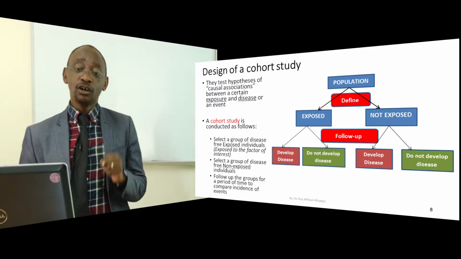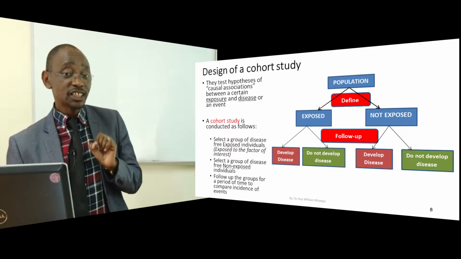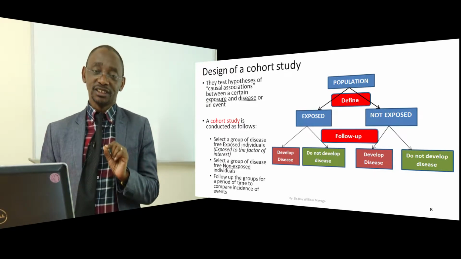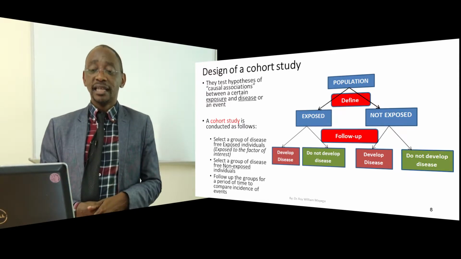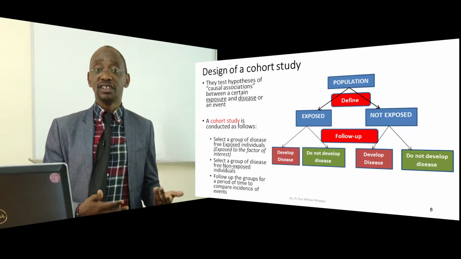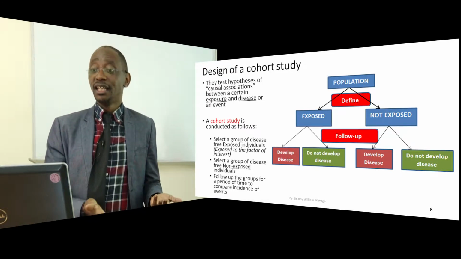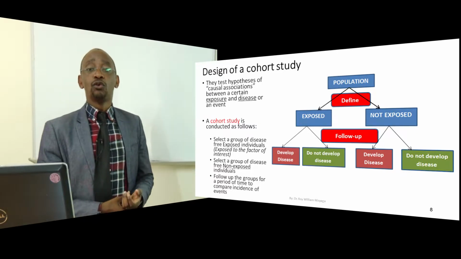And then we get a group of people who also don't have the disease, but they are not exposed to the exposure of interest. Now, we follow up the two groups for a period of time, and then we compare the incidence of the event of interest, either the disease of interest, in the group that was exposed and the group that is not exposed.